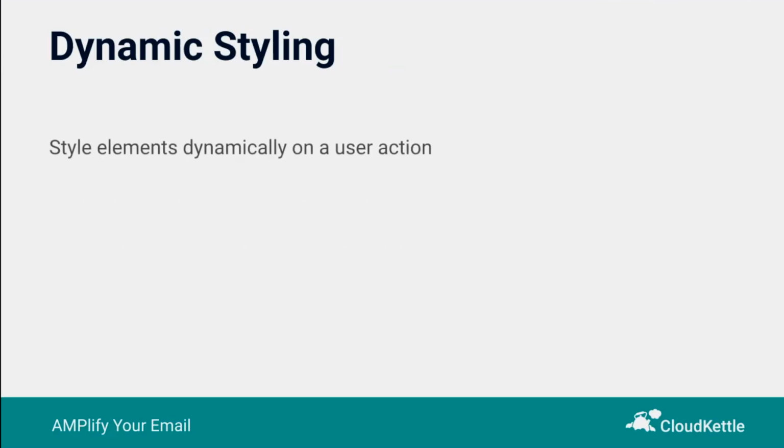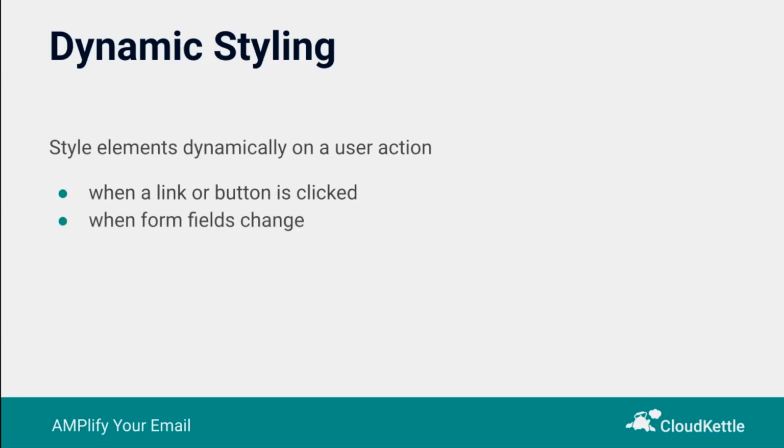In addition to an inclusive and standardized set of CSS features, AMP emails also allow HTML element classes to be set dynamically based on a user action, including when a link or button is clicked, when form field values are changed or a form option is selected or deselected, and on data change. That is, when external data is retrieved or data is set based on a user action, like the recipient clicks on a button or enters a value in a form field.